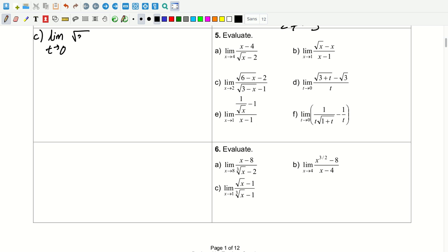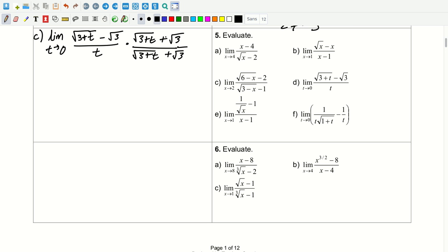So here 3 plus t minus root 3. Now, what do you think the conjugate's going to be in this case? That's right, it's going to be root of 3 plus t plus root of 3. So I'm just going to write it in. It's probably better. Root of 3 plus t plus root of 3, over root of 3 plus t plus root of 3.